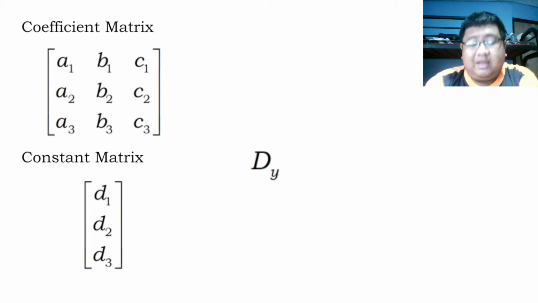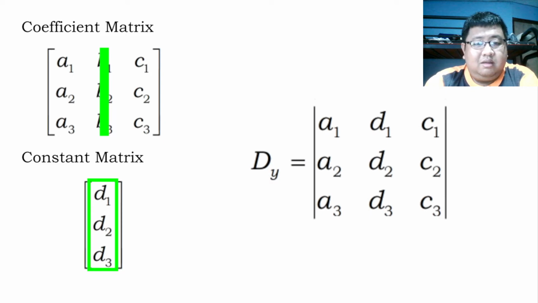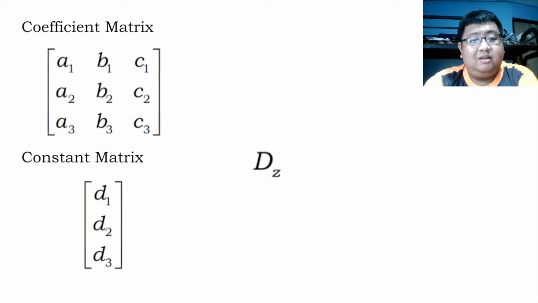Now, for dy, it is the second column you're going to replace. So instead of B's, you're going to replace it with the D's. And so for dy, the A column is still there, the C column is still there, but the B column is now replaced with the D column. That's for dy. Now for dz, it will look like this.